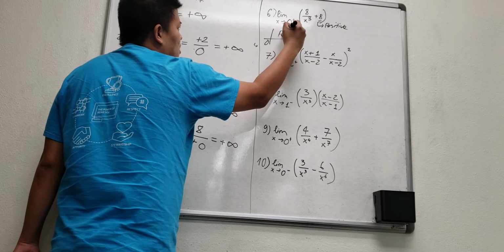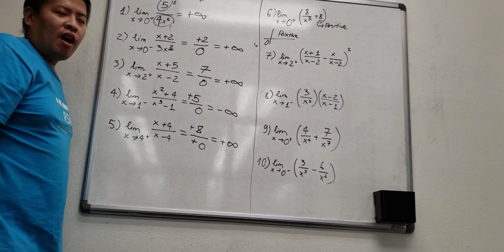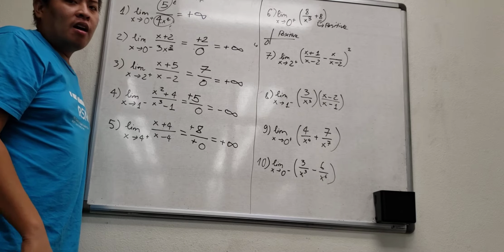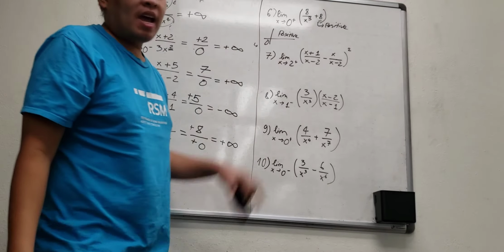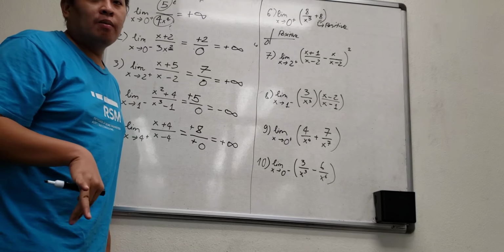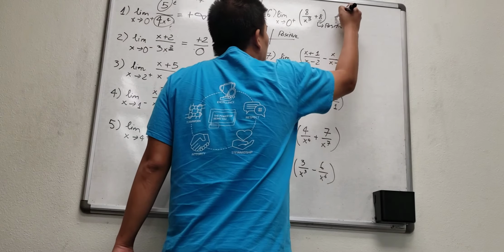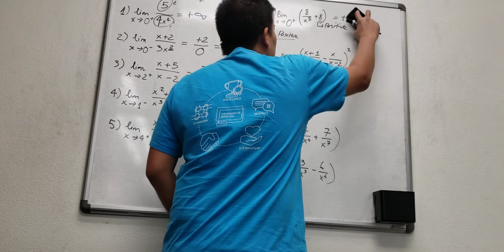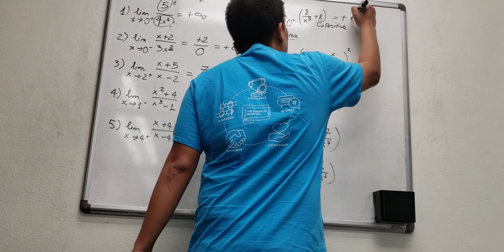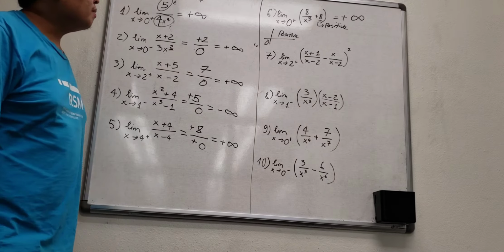Is it positive? So a divided by the positive creates positive infinity. However, we have the a, but positive plus number a is still a positive number. So we have positive infinity.